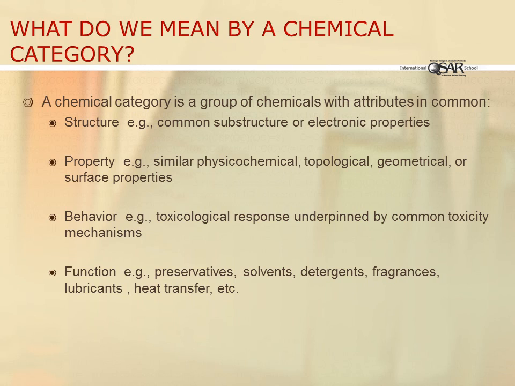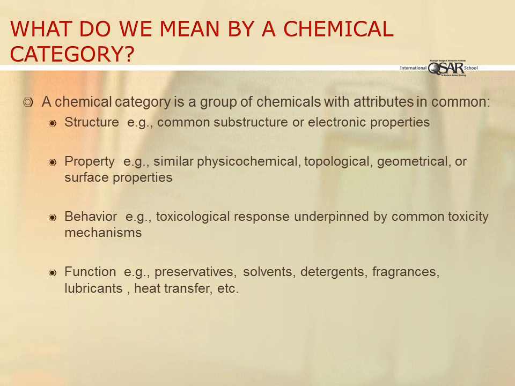A chemical category is a group of chemicals that have some attribute in common. The commonalities may be described in structural terms, having a common substructure, electronic properties.